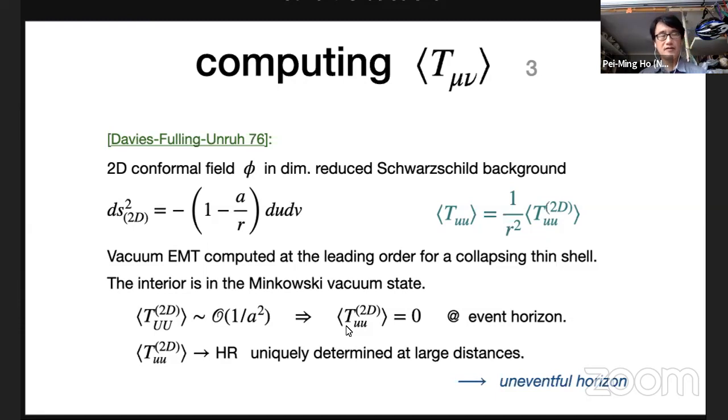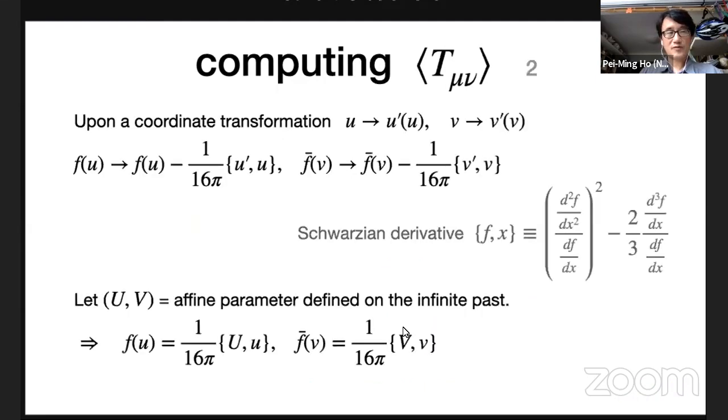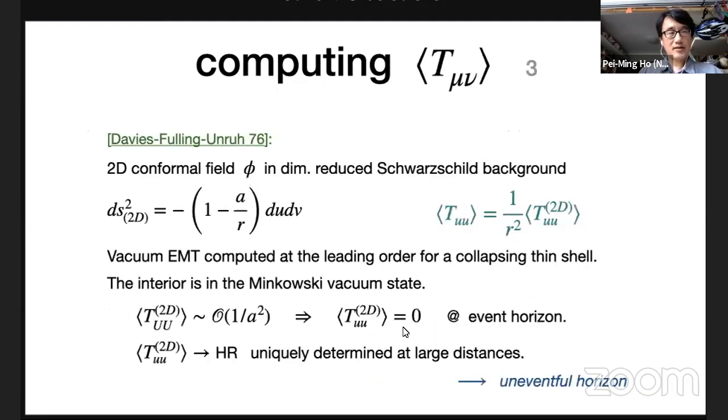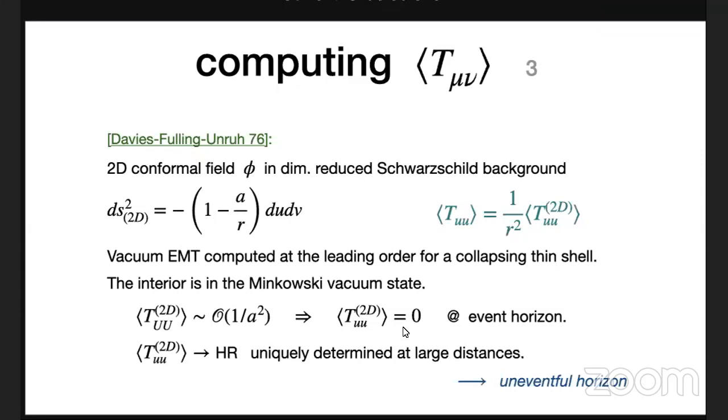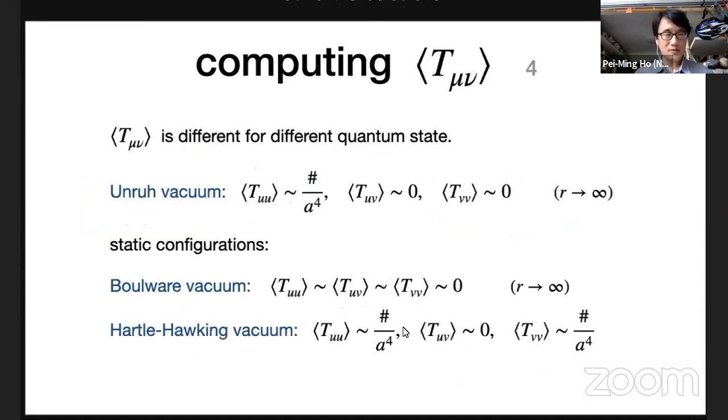And then in the thin shell case, the space inside the shell would remain Minkowski, so you have Minkowski vacuum inside the thin shell. That gives you the energy momentum tensor, also given by the same formula, but inside the shell. Then you can determine f and f bar, and that would give you the Unruh vacuum. Or you can consider the Boulware vacuum, which is derived by assuming time translation symmetry. So you have different ways of fixing the quantum state.